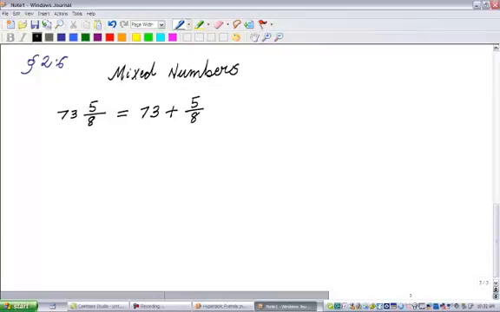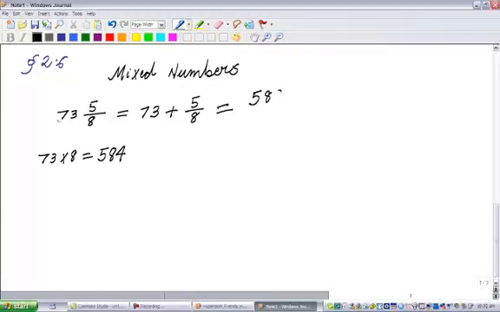Another interpretation: if I multiply 73 and 8, what do I get? 3 times 8 is 24. 7 times 8 is 56, and adding the carried 2 gives 584. And then I'm going to add 5 to it. So what do I get?